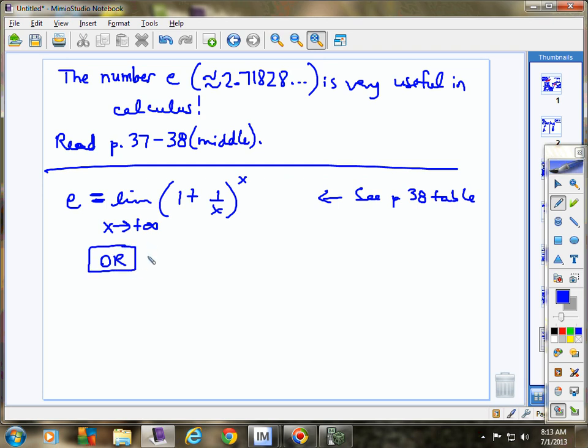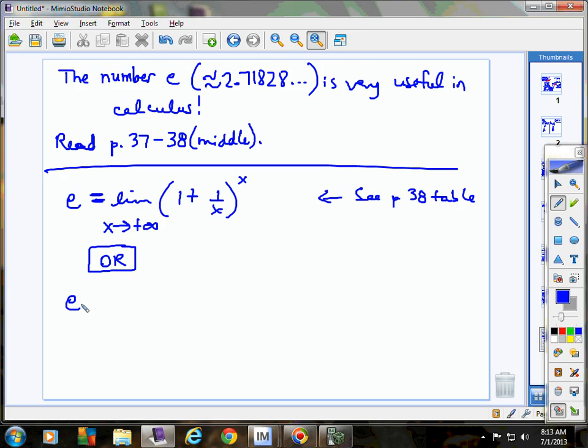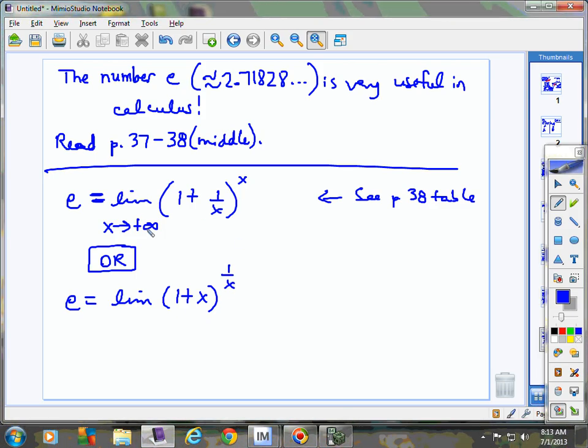Now another way to write e, I don't know that this one's in your book. If it is, I didn't find it. But a lot of books will write e this way. Instead of the 1 over x being here, they call this x and they make their exponent 1 over x. And if they do that, then x has to approach 0. That's the same thing.